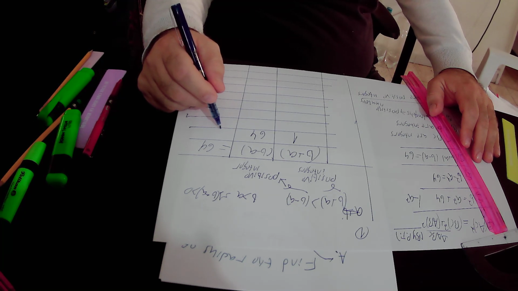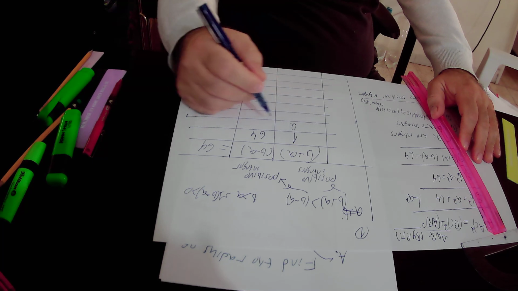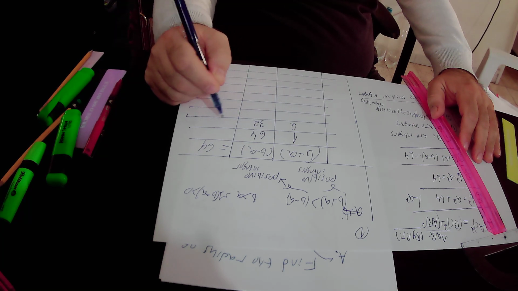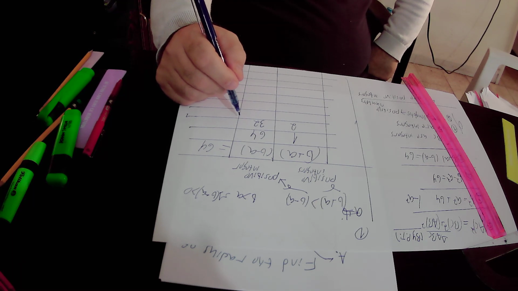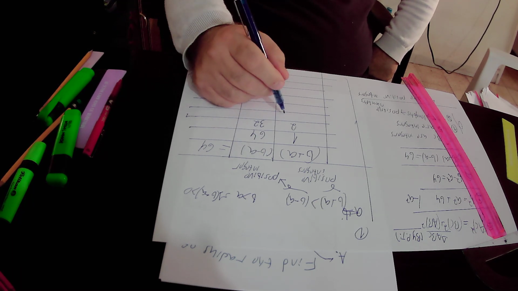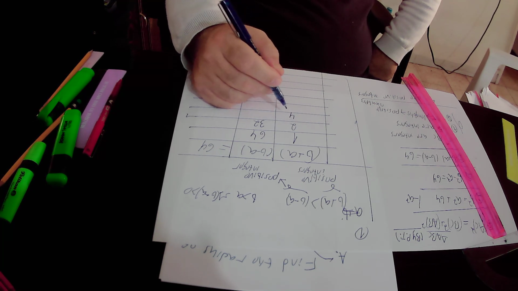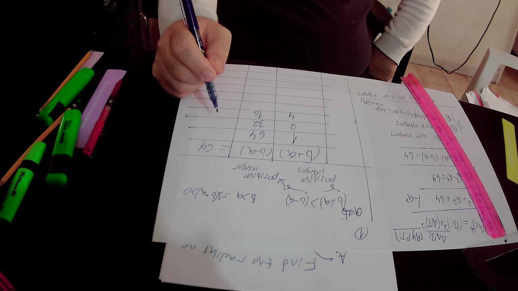Then we have also the option that the first positive integer is 2, and the second positive integer is 32. 2 times 32 is 64. Then we also have the option that the first positive integer is 4, and the second positive integer is 16, and 4 times 16 will give us 64.